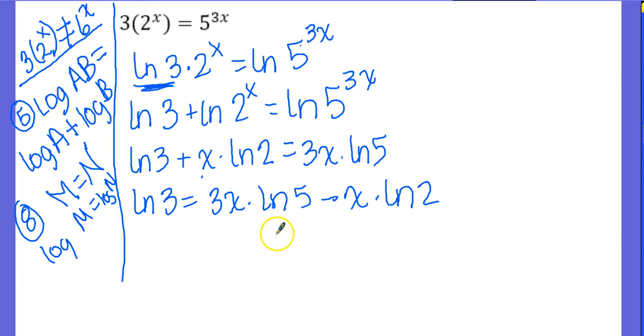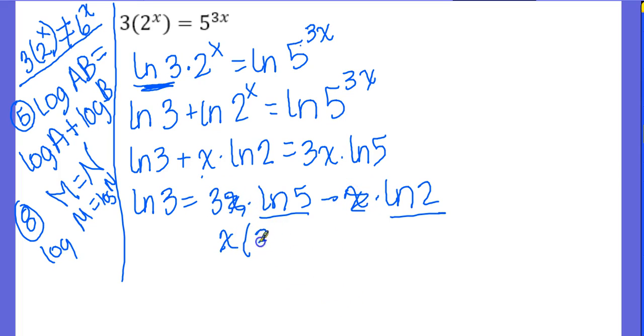And then I think, can I combine these two terms? Are they like logs? No, that's a log of 5 and that's a log of 2. I can't combine them. So that means to get my x's together, I have to factor it out. It's a factor. 3 times x times natural log of 5 minus x times natural log of 2. So I can factor out the x, just like so.